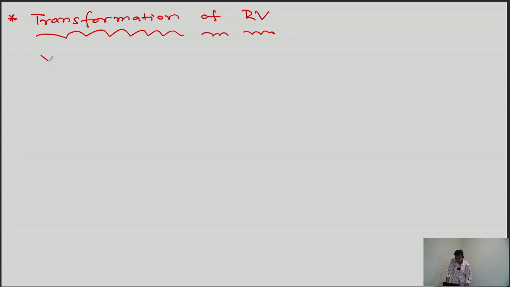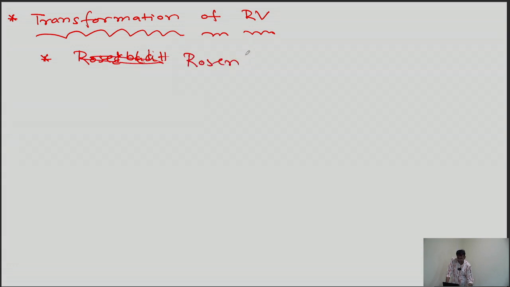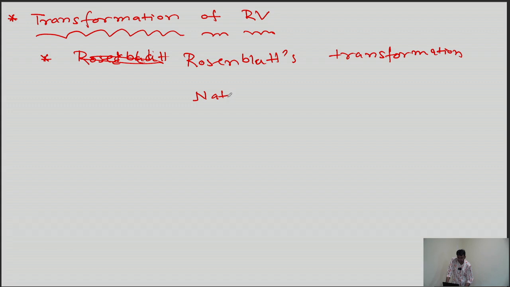There is the Rosenblatt transformation which we will talk about, and then there is the Nataf transformation that we can work with.